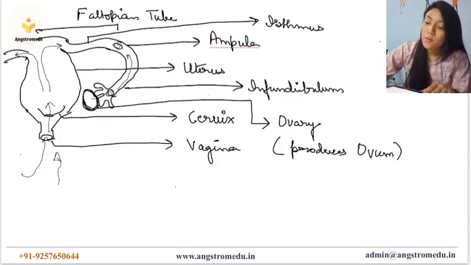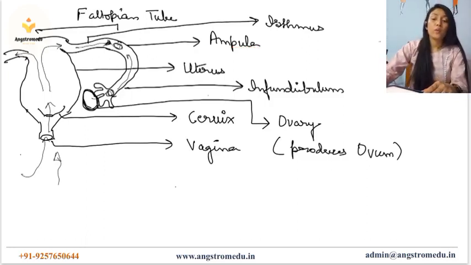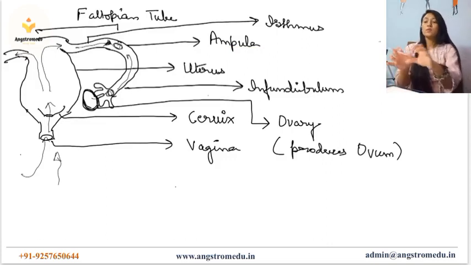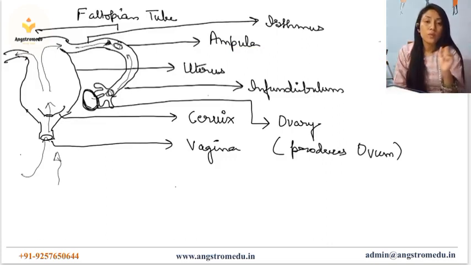In the meanwhile, the sperm is coming. At the ampulla, this egg is waiting, and here occurs the fusion. The fusion of sperm with the egg occurs at the ampulla region, and this fusion forms the zygote. Okay, so this is the area where this whole process of fertilization is occurring.